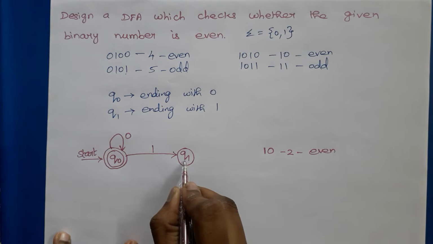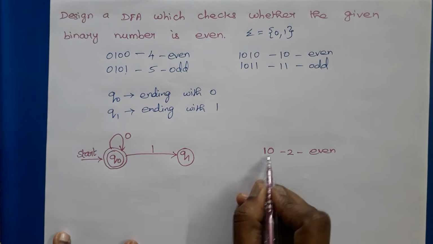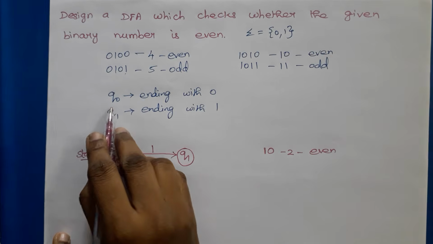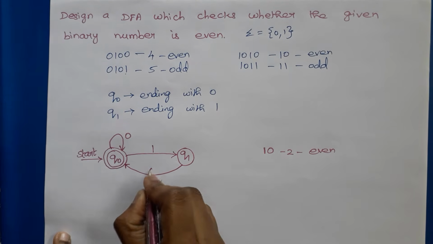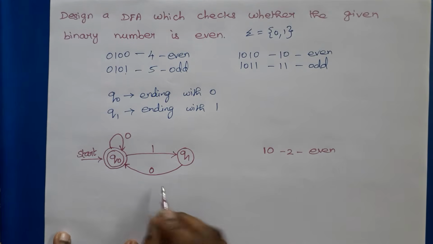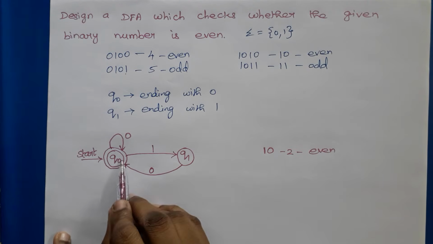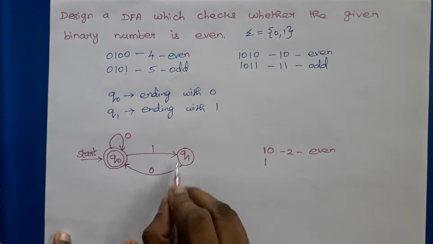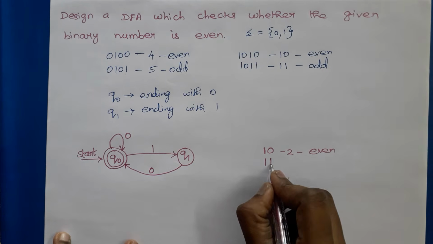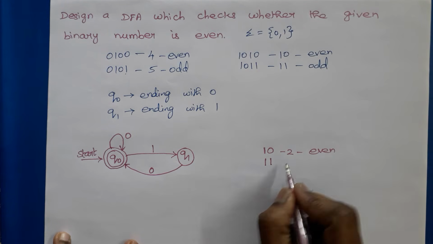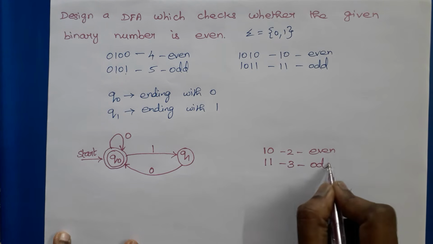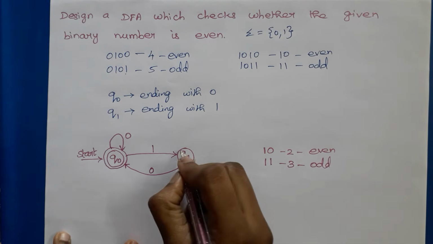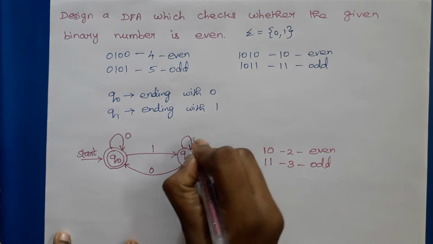So it should go to Q naught. From Q1 to Q naught, draw an arc, and that arc should be labeled 0. Then 1: from Q1, if the next input is also 1, it ends with 1, right? The decimal equivalent is 3 and it is an odd number. So it should remain in the same state.